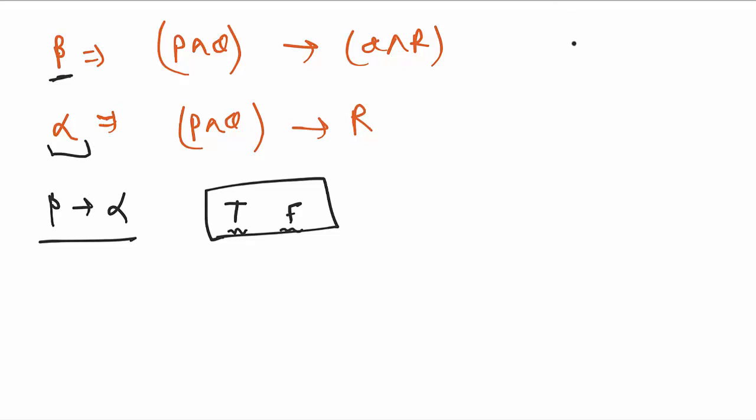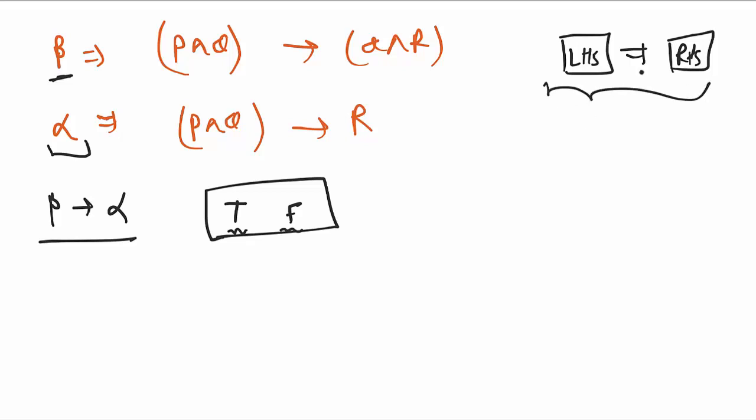Now, which one is easier: to make beta true or alpha false? See, anything like this, LHS imply some RHS. Which one is easier, either to make this true or this false? See, if we want to make this true, then LHS can be false and RHS could be anything, then also it is true. And there is another possibility, that is LHS is true and RHS is also true, right?